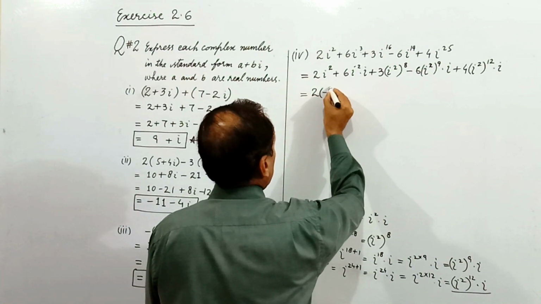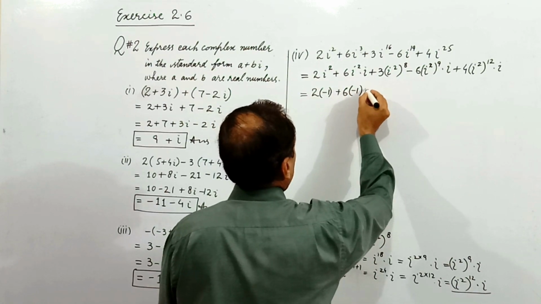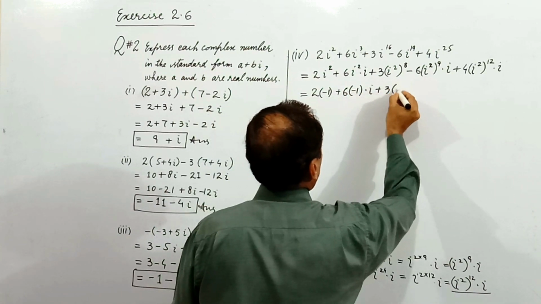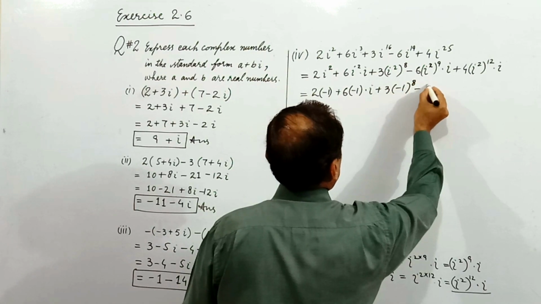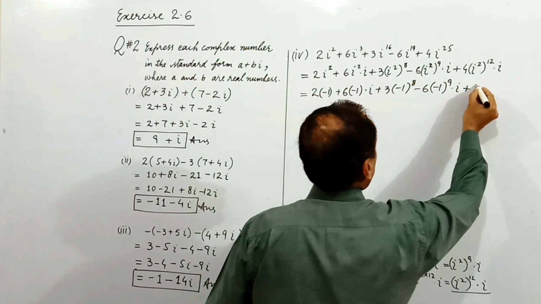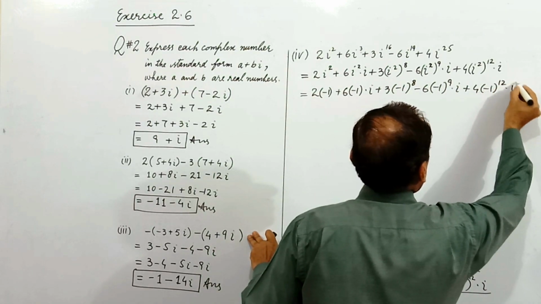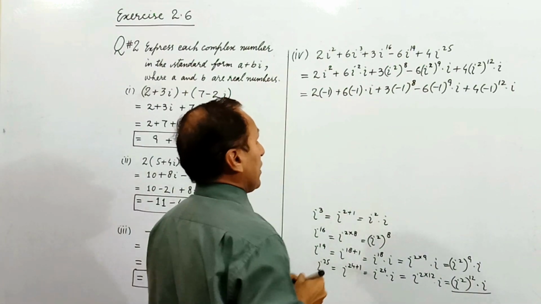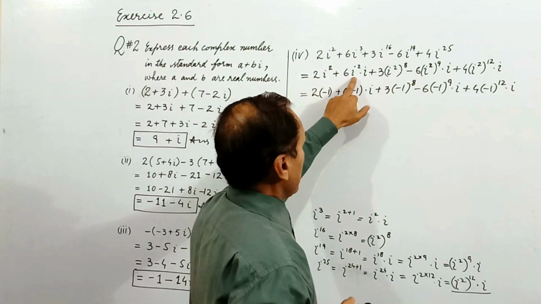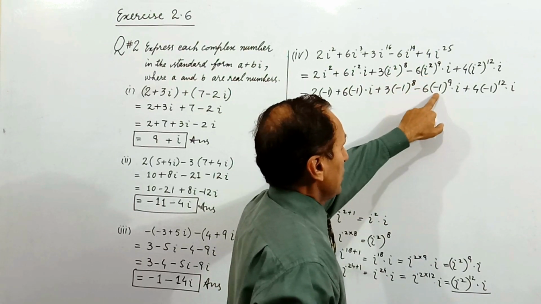That is 2 into minus 1 plus 6 into minus 1 dot iota plus 3 into minus 1 raised to power 8 minus 6 into minus 1 raised to power 9 dot iota plus 4 into minus 1 raised to power 12 dot iota. Wherever we have iota square, in place of that we put the value minus 1.